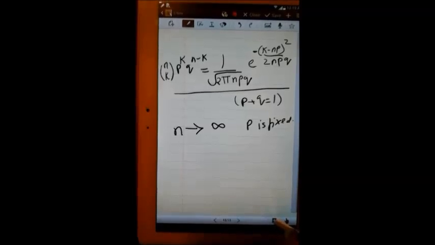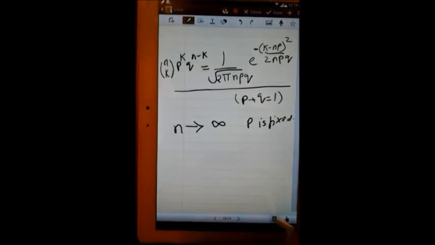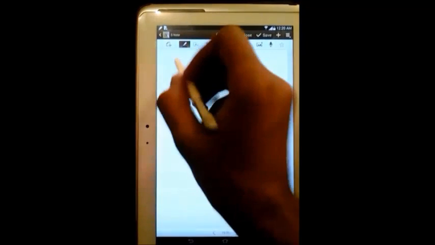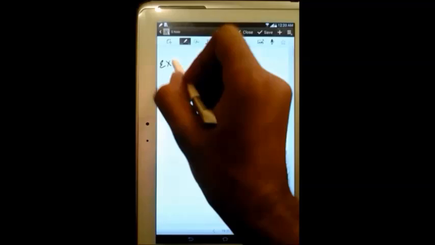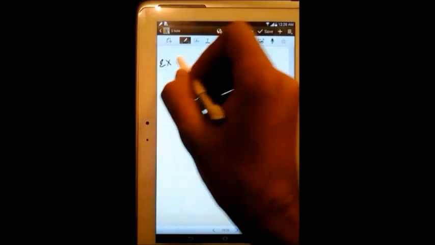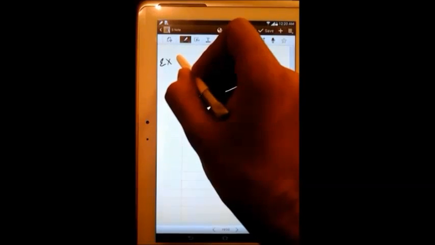Let us understand this by an example. The approximation also works satisfactorily for intermediate values of n, so in this example we will take an intermediate value of n, not too large.